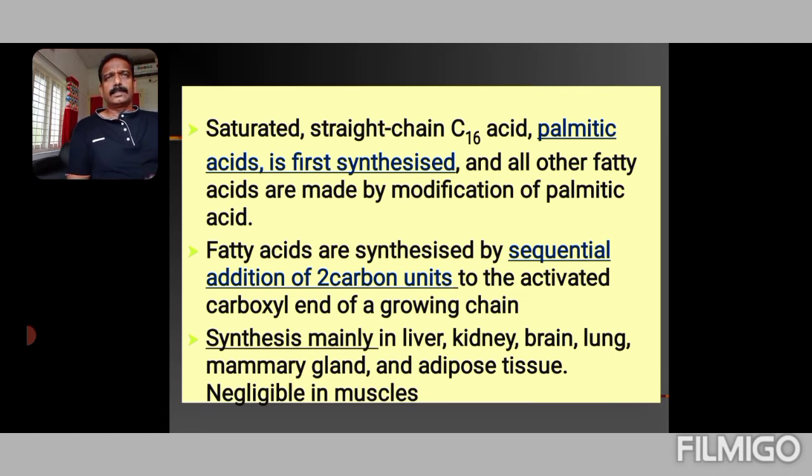This is because fatty acid synthase, the enzyme involved in fatty acid synthesis, adds 2-carbon units sequentially, and it stops functioning when the chain length is 16 carbons. Fatty acid biosynthesis occurs in the cytosol of liver, kidney, brain, lung, mammary glands, and adipose tissue. And the first step involved is the committed rate-limiting step.